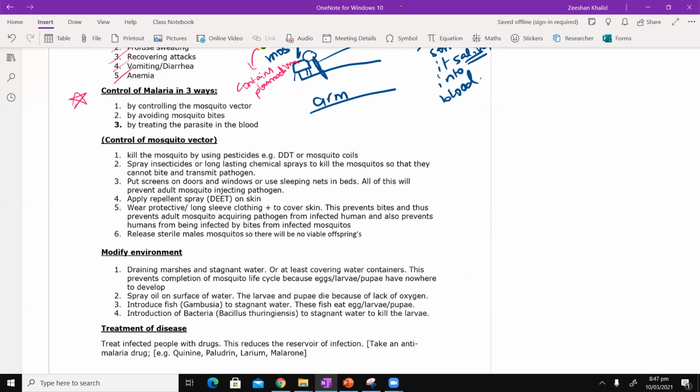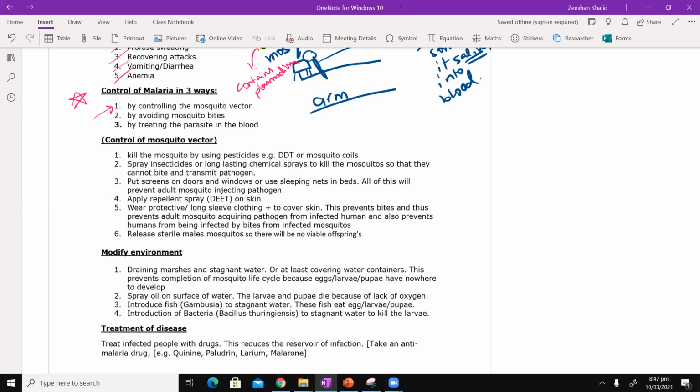सबसे पहले तो हम mosquito को रोकें. Why do we need to stop the mosquito when the disease is being caused by the plasmodium? Why do we need to stop the mosquito? Ji bachcho, what do you think? I mean, the disease should be stopped by stopping the pathogen that's causing the disease, isn't it?